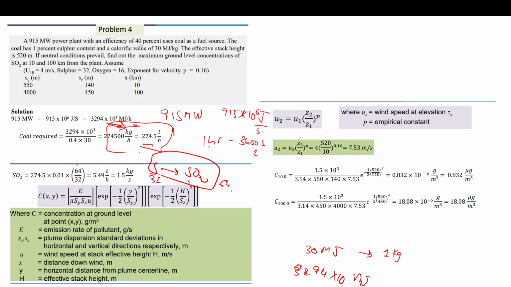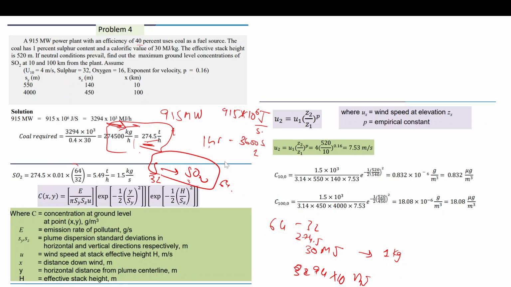For example, if the sulfur amount is 274.5 tons per hour, then how much will be the SO2? So 274 into 64 by 32 into 0.01, because 0.01 times it is there.